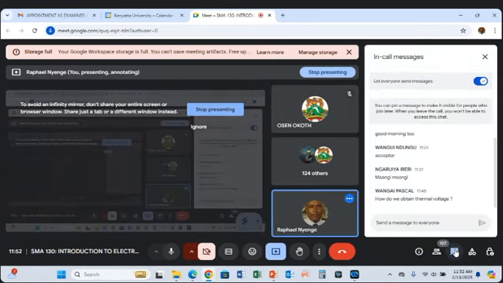Let me check. I think there is a student who may be asking for something. If somebody has posted a question, I see questions here. Somebody answered something, said acceptor.